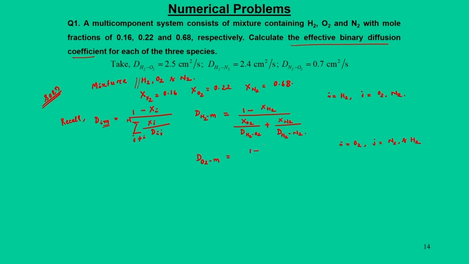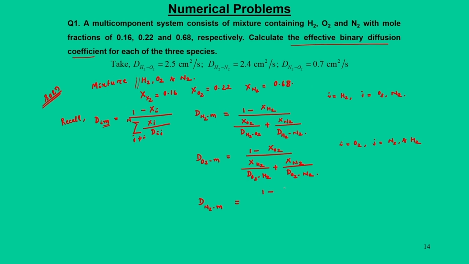So, 1 minus x O2 divided by x H2 over D O2 H2 plus x N2 over D O2 N2. Third, we write D N2 m, the effective binary diffusion coefficient for nitrogen.